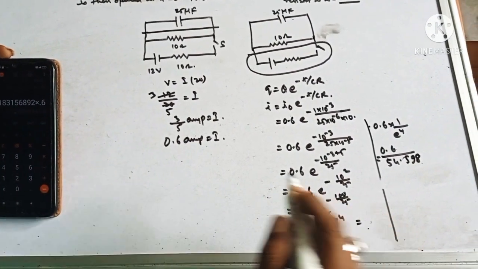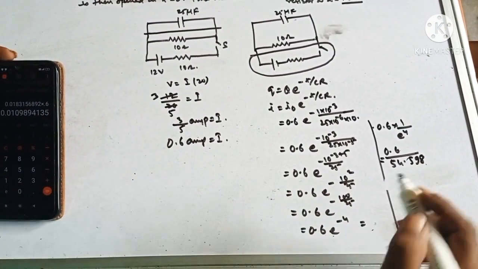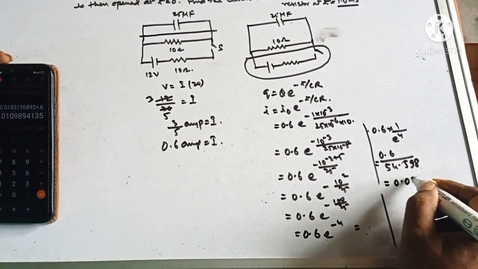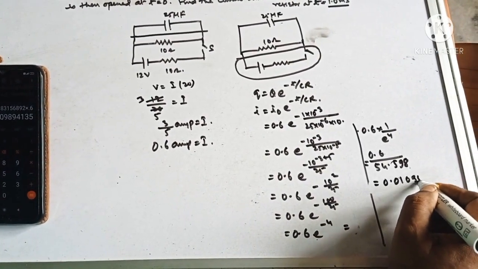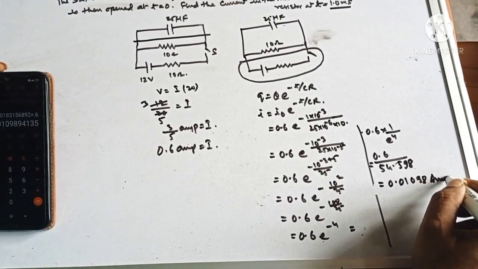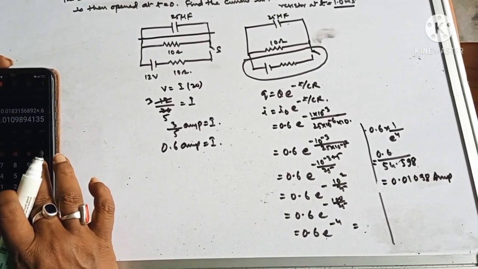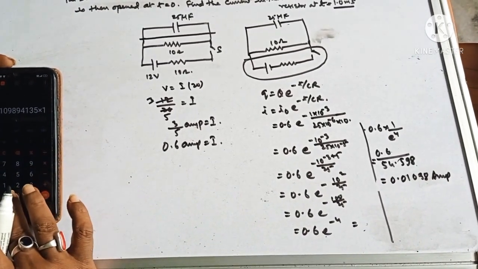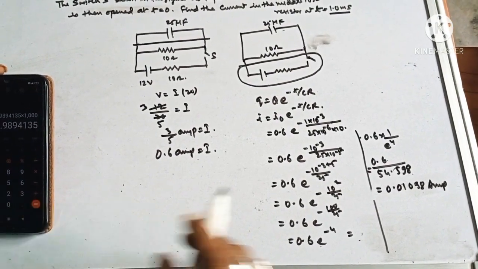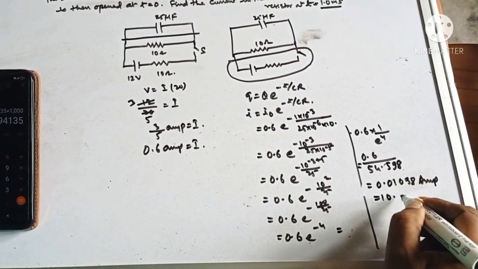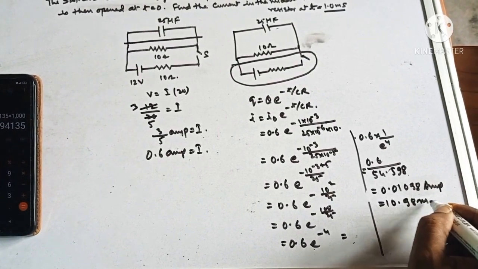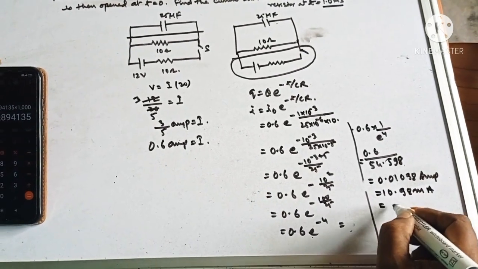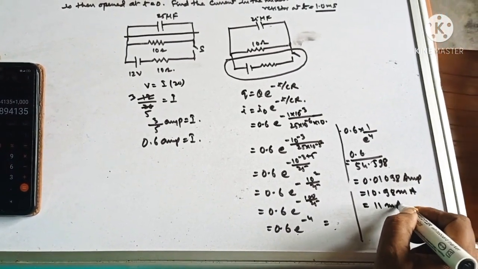So this will be 0.01098 ampere. If I multiply it by 1000, it will be 10.98 milliampere, or you can say 11 milliampere current.